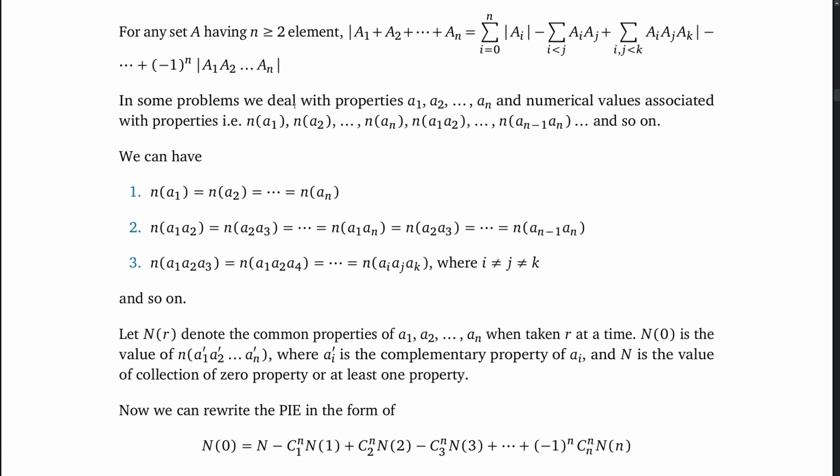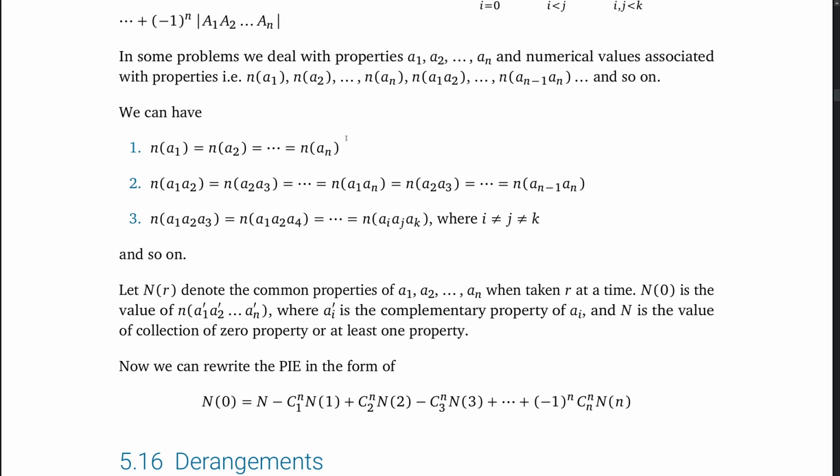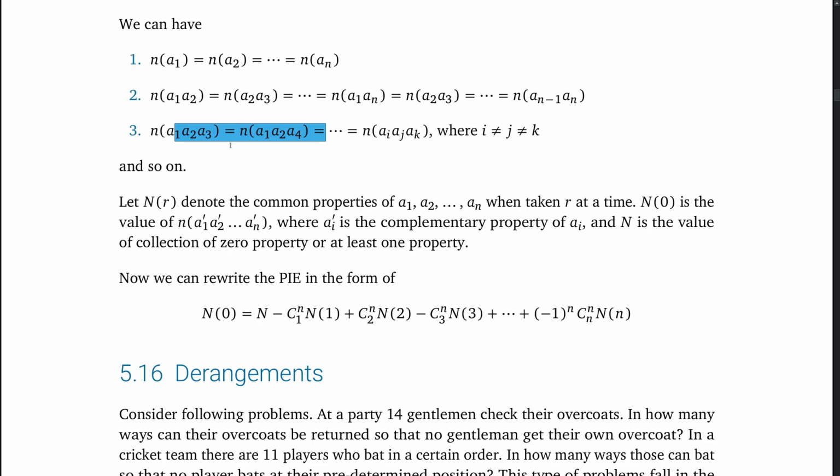In some problems, we deal with properties A1, A2 through An and numerical values associated with these properties, n(A1), n(A2) through n(An) and so on. We have n(A1) equal to n(A2) equal to n1, and then we have the two subsets and then three subsets and so on.